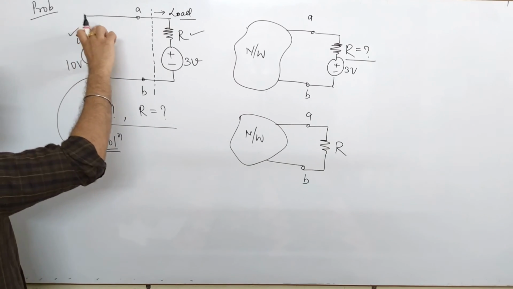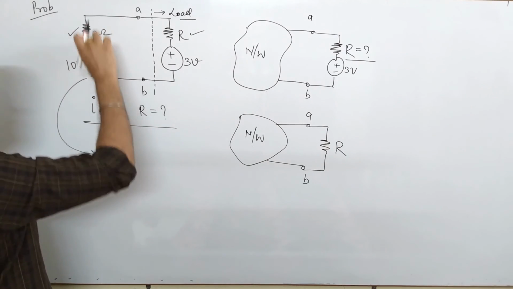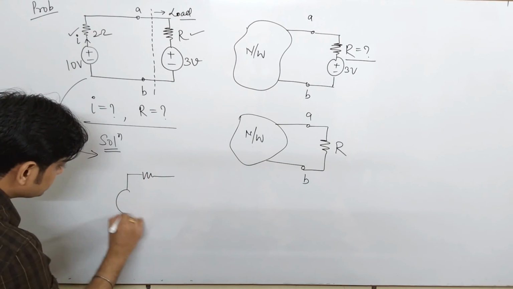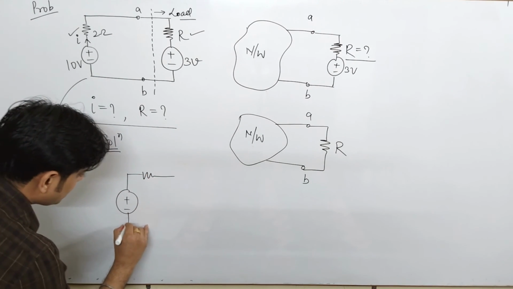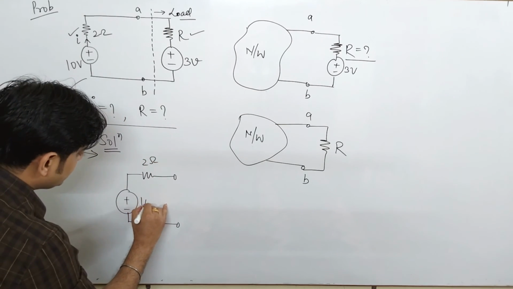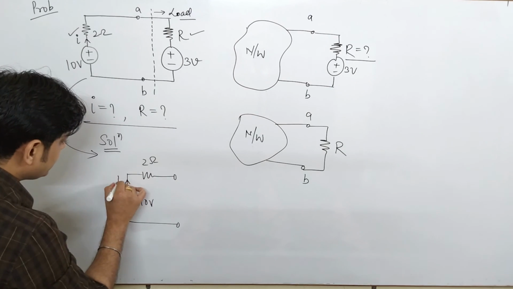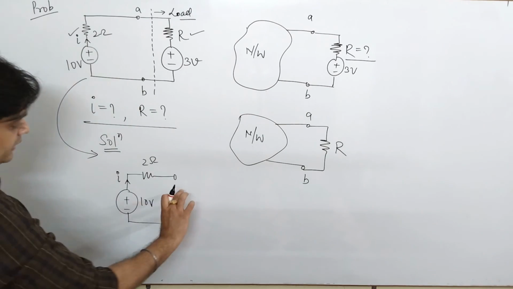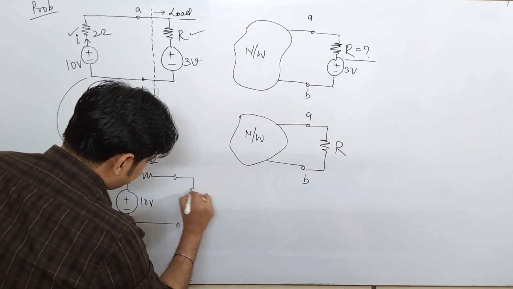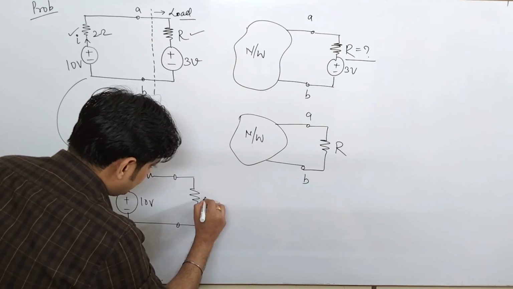Now if you see here, it's a kind of Thevenin equivalent. I should draw it in this manner also. This is very simple. This is 2 ohm and this is 10 volt and this is your current I. Now again this entire load is connected. So under what condition will the maximum power be transferred here?